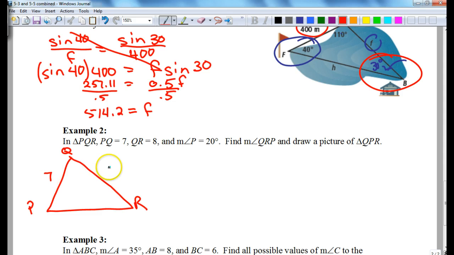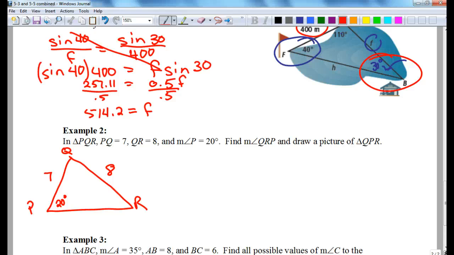QR is 8. And angle P is 20. All right? It says find the measure of angle QRP and draw a picture of QPR. Well, we drew it already. Okay?